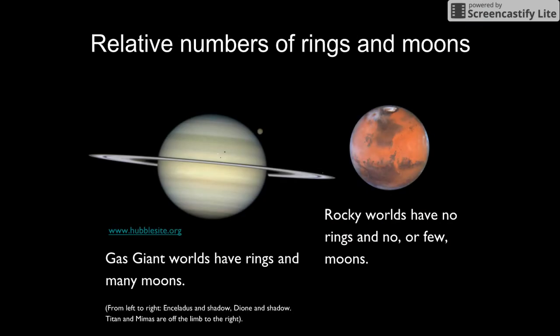When we talk about the relative number of rings and moons, gas giant worlds have rings and many moons, while the rocky worlds have no rings and none or few moons. For instance, the Earth has 1, while Mars, Venus, and Mercury have none.